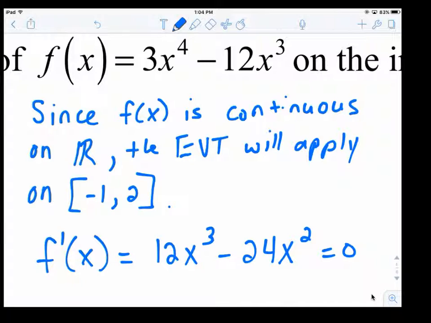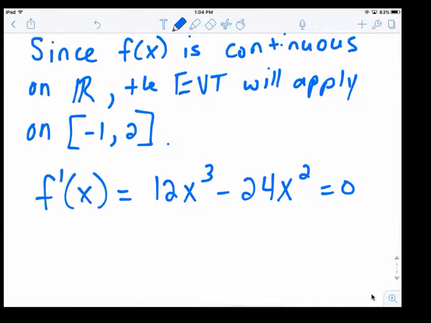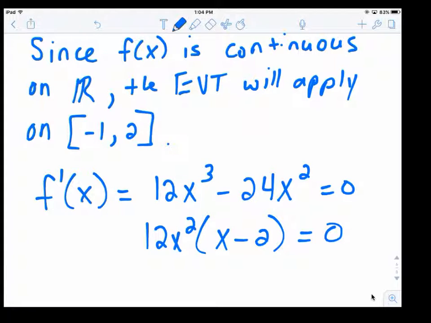So extrema would be like the highest value or the largest value and the smallest value. That's what we're trying to find. Critical values are just possible places where they happen at. So we're just trying to figure out where could it possibly occur. All right, so I could take out a 12x squared, and I'm left with x minus 2. So that leaves me with x equals 0 and 2.